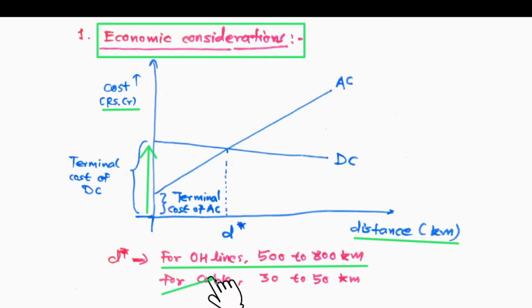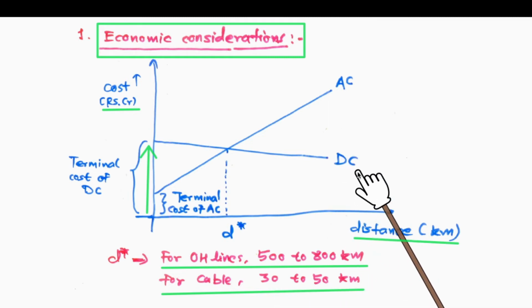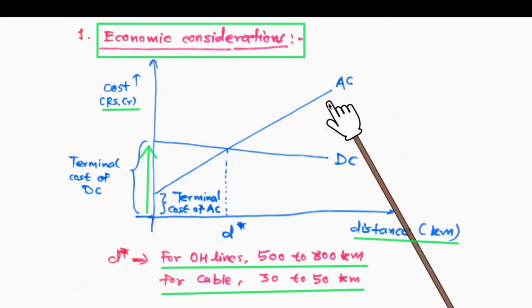Observe that especially for the underground transmission power, especially in places where there are small islands which are connected through sea, and cable is to be let down under the sea for distances longer than 30 to 50 kilometers. So DC is the best alternative because it's not possible to transmit power through AC, right? Because of this, again, reason is that AC draws a large charging current and we cannot transmit power for distances larger than 30 to 50 kilometers. It's uneconomical.